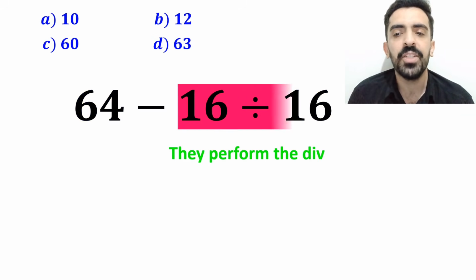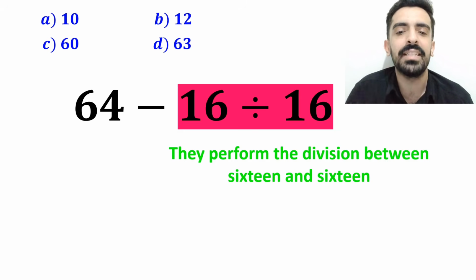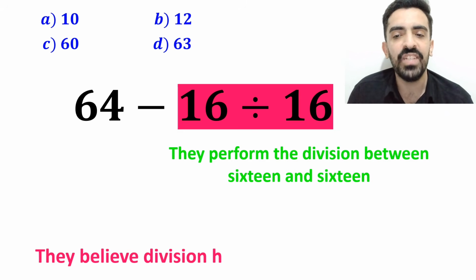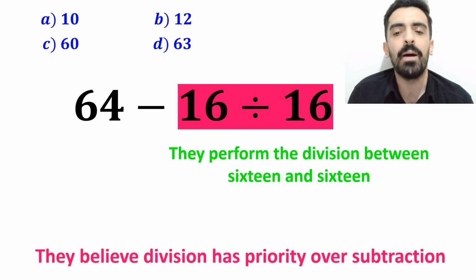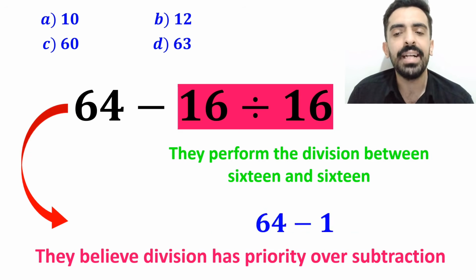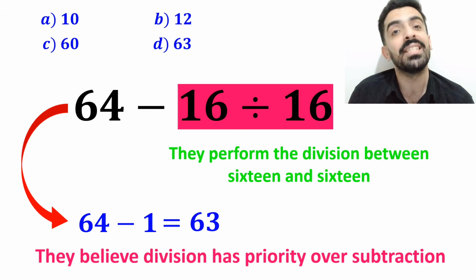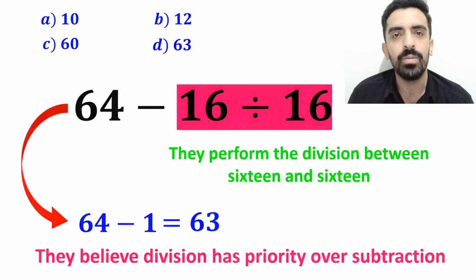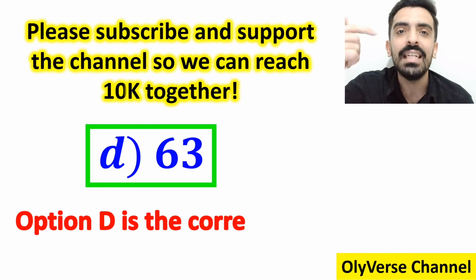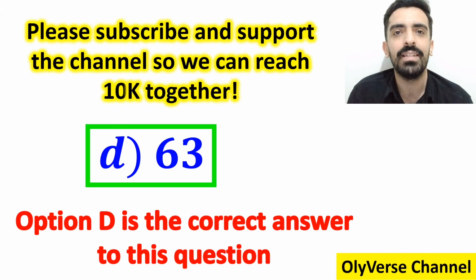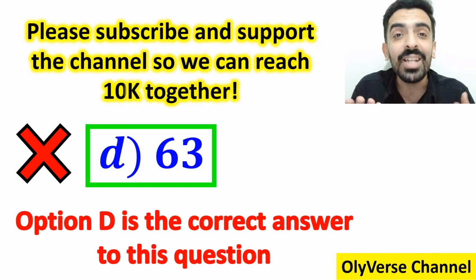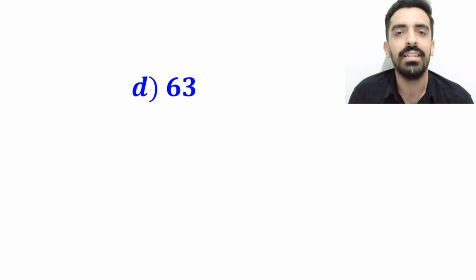Next, they perform the division between 16 and 16 since they believe division has priority over subtraction. And they rewrite this expression as 64 minus 1, which ultimately gives them the answer 63. And immediately, they conclude that option D is the correct answer to this question. However, it's not the correct answer to this question.